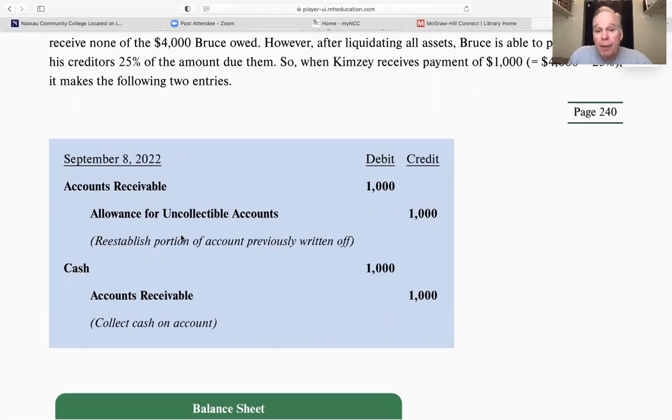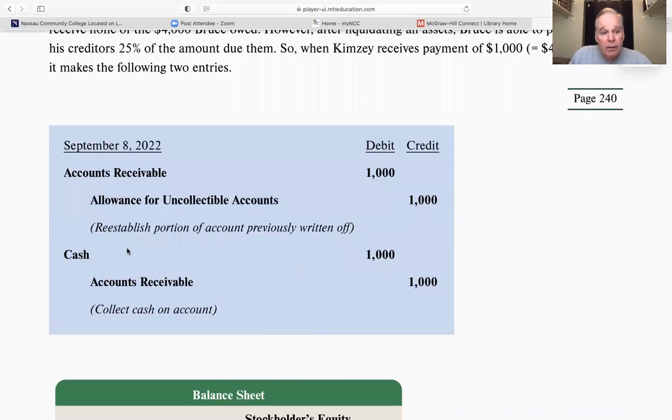So if he was able to pay us the full 4, we would debit accounts receivable and credit allowance for 4. But since he's only paying us 1, we debit accounts receivable and credit allowance for 1. Right? We reestablish the account previously written off. And then we debit cash and credit accounts receivable.